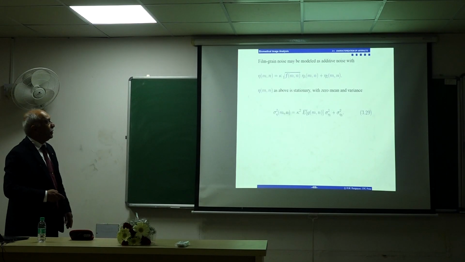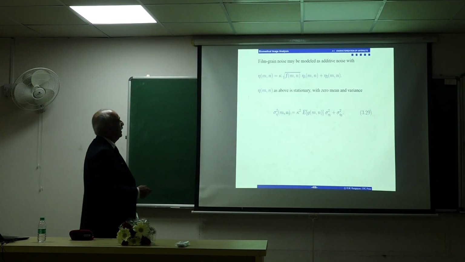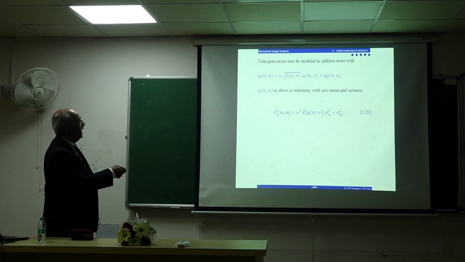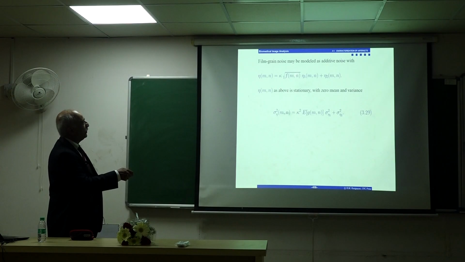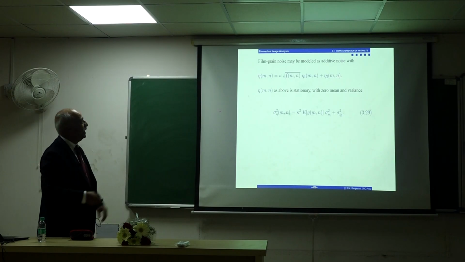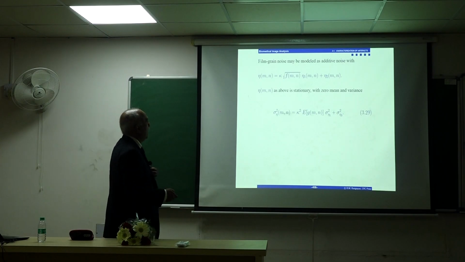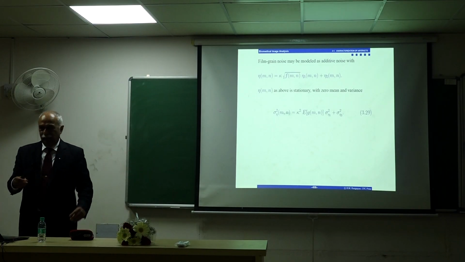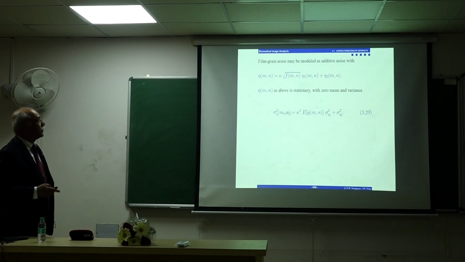So this causes some complications. There is a model given where film grain noise may be modeled as additive noise, eta(m,n) equal to kappa square root of f, that's a function dependence, times eta 1, plus eta 2. That's what is given in this model. And the mean and variance are given by this equation. Again, you don't need to remember that, but if you need to, you can refer to that.